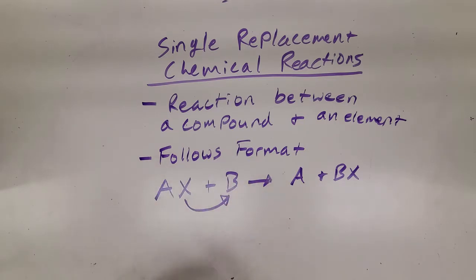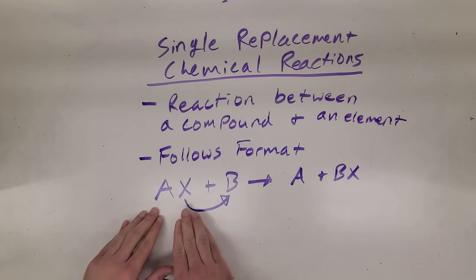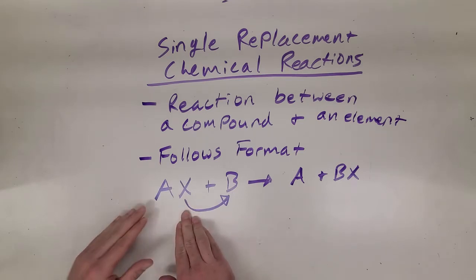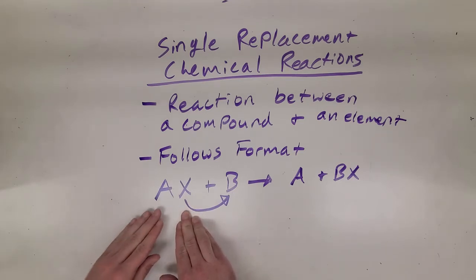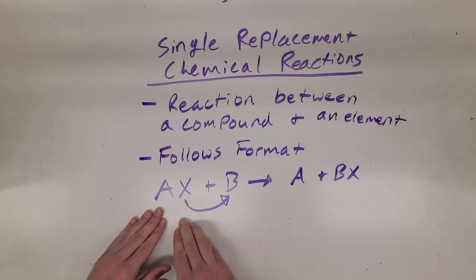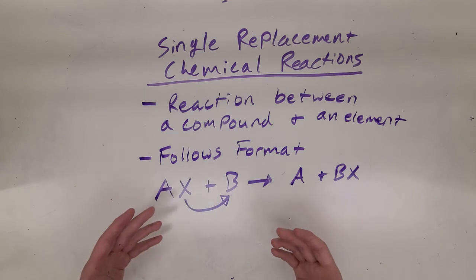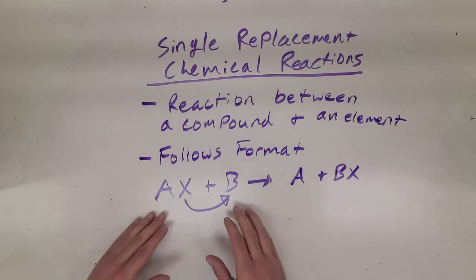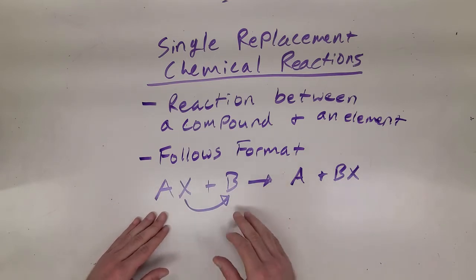The format typically follows this. It might look a little bit different depending on what compound and element we're working with, but AX represents the compound where element A is bonded with element X, A being something that has a positive charge when it undergoes a chemical reaction, X having a negative charge, and B having, in this case, a positive charge, or a negative charge depending on what element we're working with.